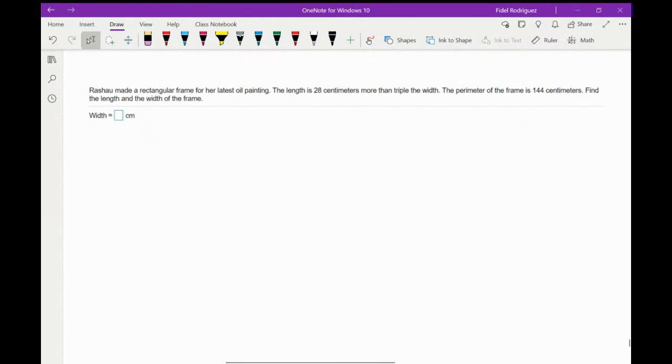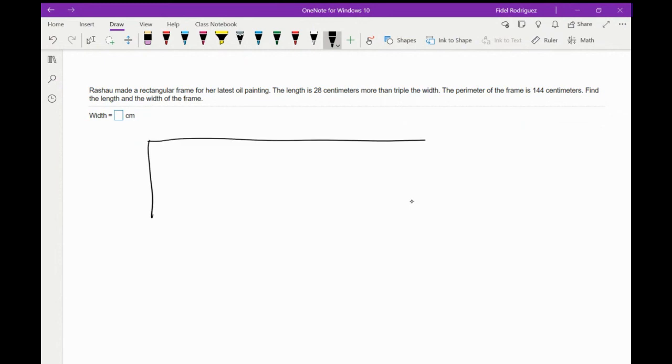Okay, so guys, this problem here is almost identical to the one we just did, because we're talking about a rectangle again, and we're still talking about the perimeter. It says, Rashu made a rectangular frame for her latest oil painting. The length is 28 centimeters more than triple the width. The perimeter of the frame is 144 centimeters. Find the length and the width of the frame.